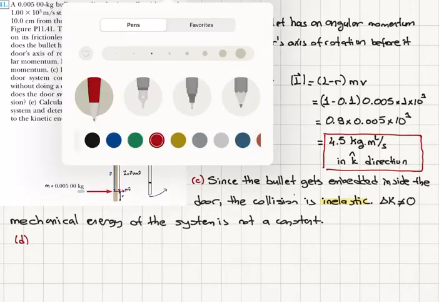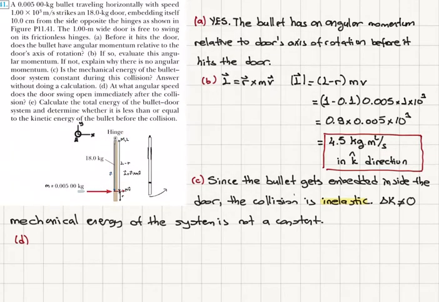Now part D, at what angular speed does the door swing open immediately after the collision? So I think of the system as bullet plus door, and for this system, do I have any external torque acting on the system with respect to the hinge?